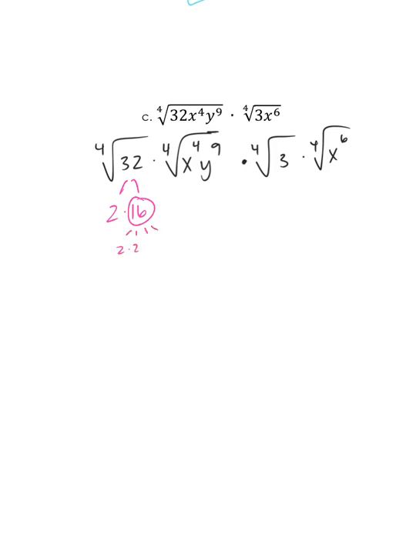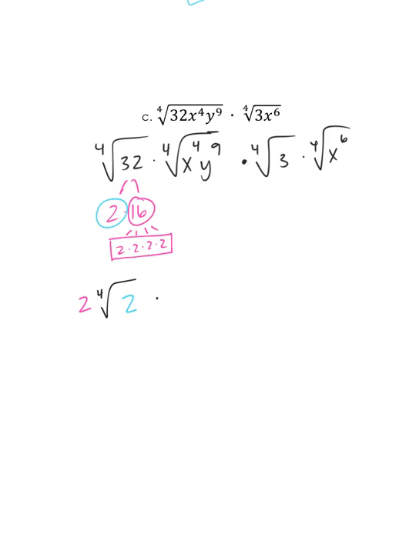That is 2 times 2 times 2 times 2. So I'm going to put these together on the outside. And this lone 2 is going to be on the inside. So that is that first one simplified.